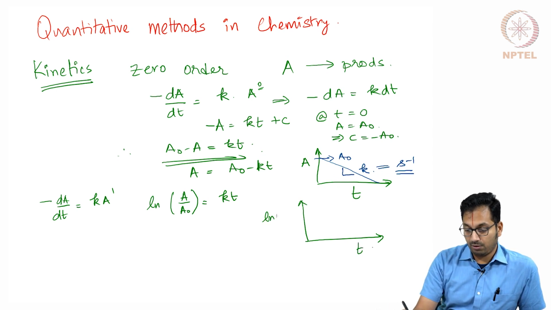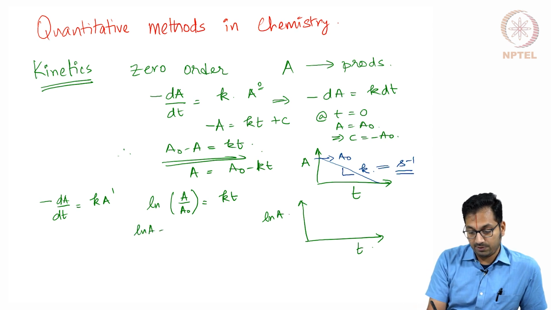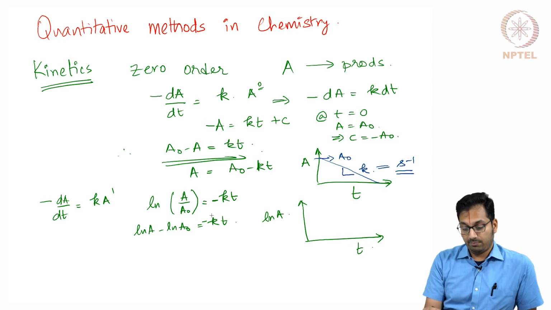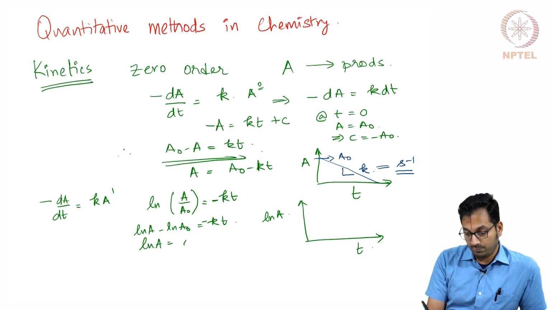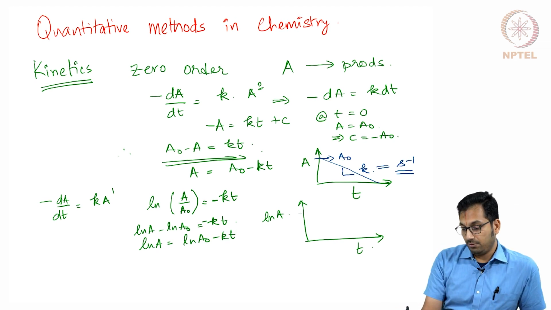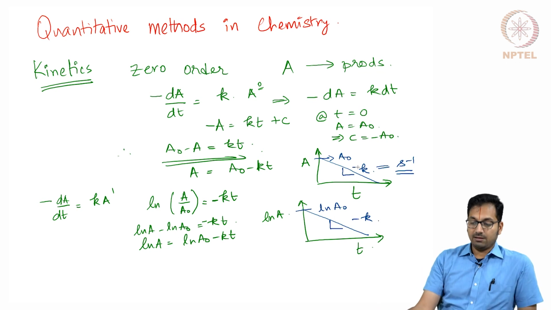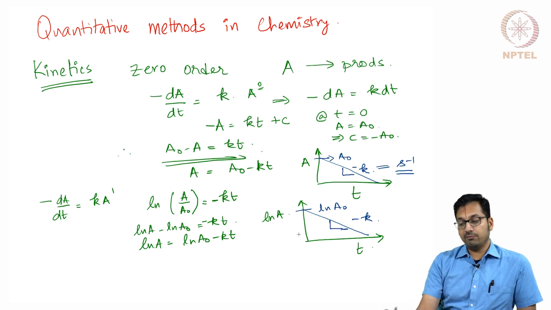This can be written as ln A minus ln A naught equal to minus kt. So what will end up happening? ln A is going to be equal to ln A naught minus kt. So once again, you are going to have a straight line whose intercept is ln A naught at t equal to 0, and the slope is minus k. So you would be able to determine the same with the linearized plot.